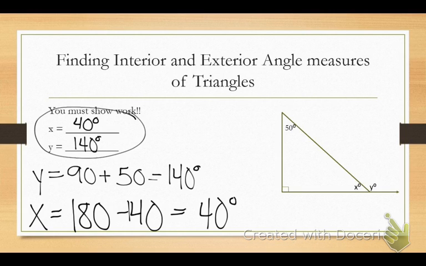You should have known as soon as you wrote down your answer that it was wrong because it did not equal 180. Okay? So, those 2 angles together are supplementary. They have to equal 180. All right? That's the way that I suggest that you do it. Exterior angle first, add the 2 interior angles not connected, and then subtract that measure from 180.